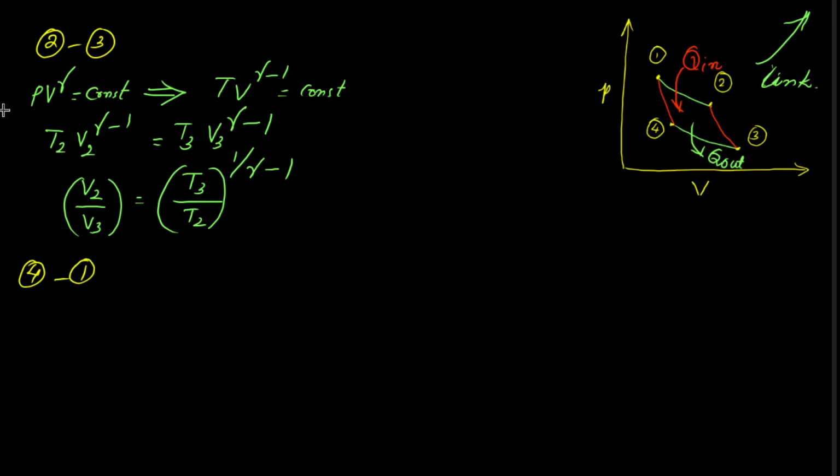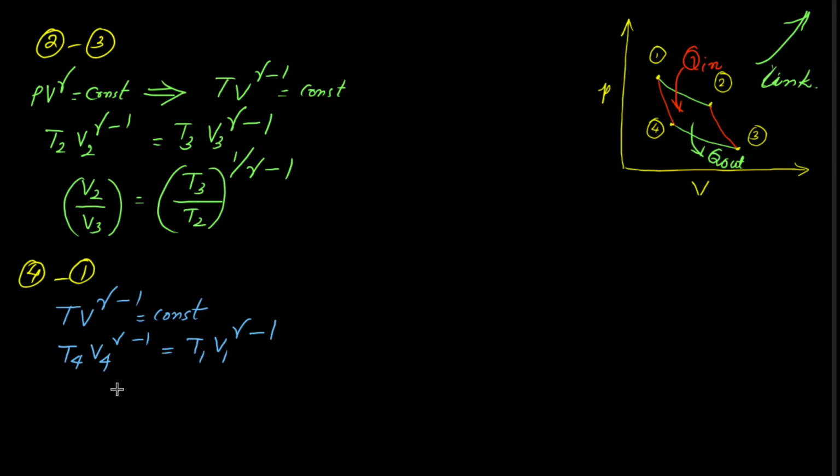So, we have T V raised to gamma minus 1 equal to a constant. That says T4 V4 raised to gamma minus 1 equal to T1 V1 raised to gamma minus 1.